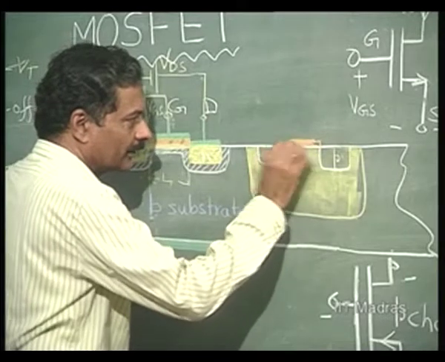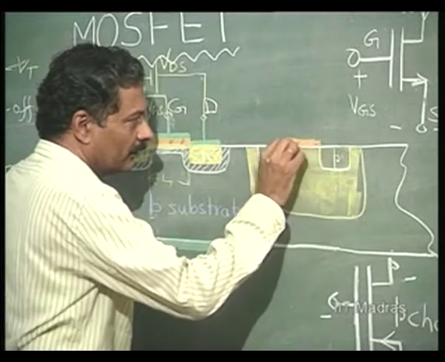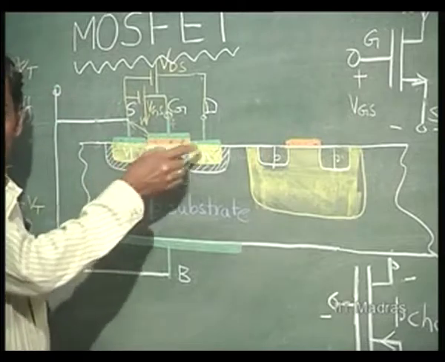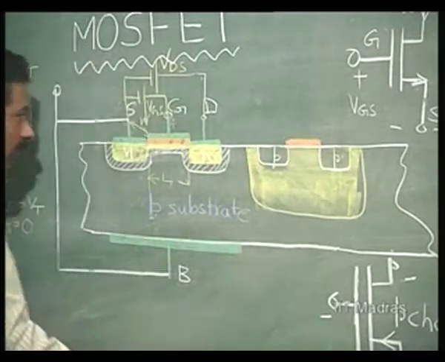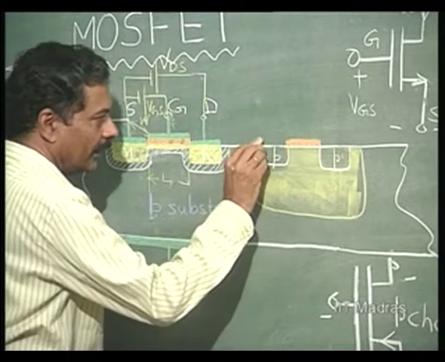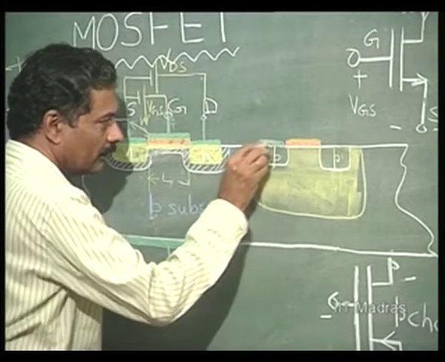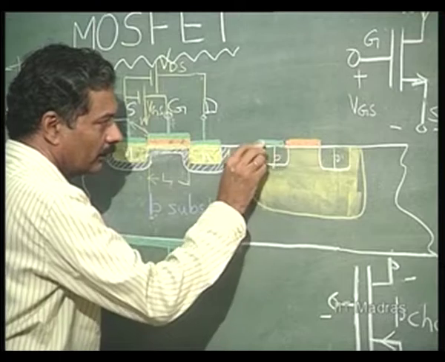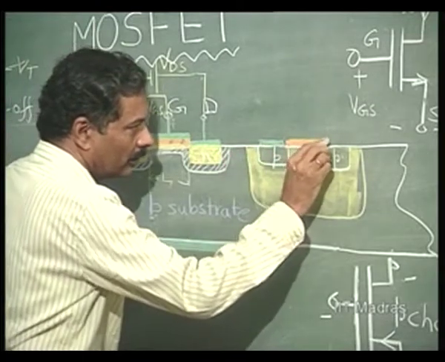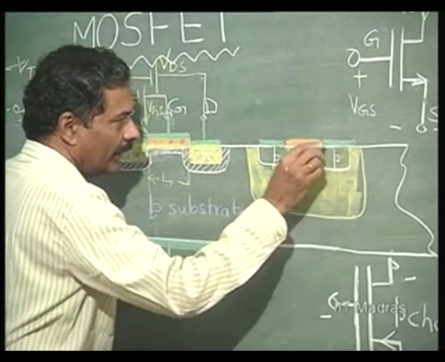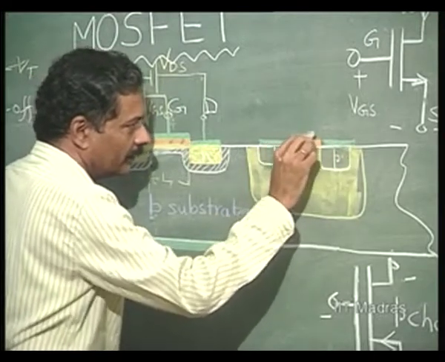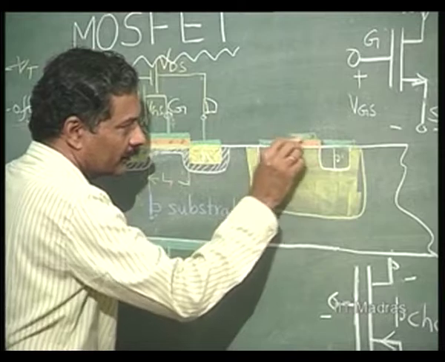This is silicon oxide, which is also there as the gate oxide, and then over this we will have the source and drain contacts, and the gate contact.